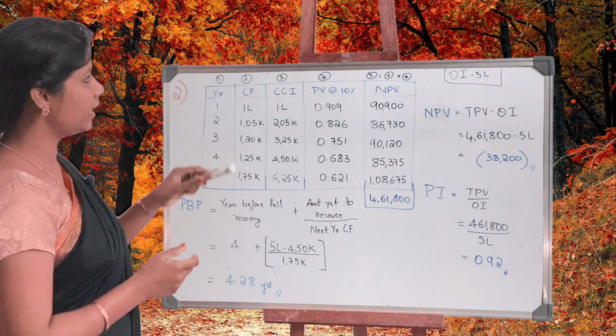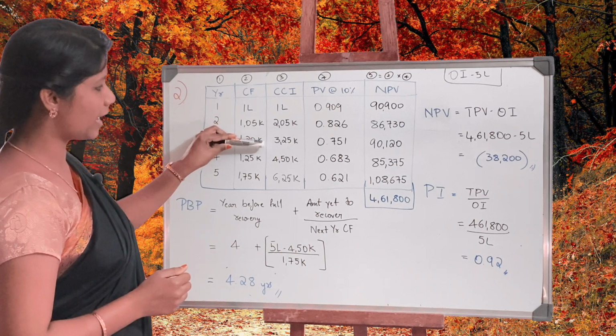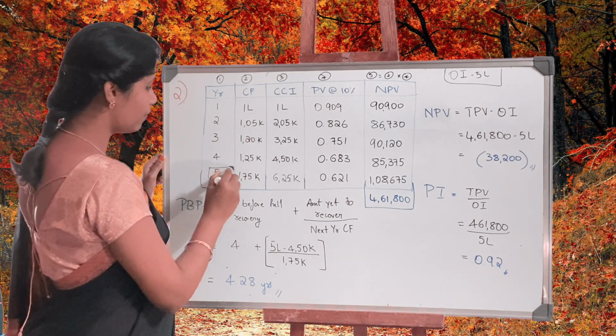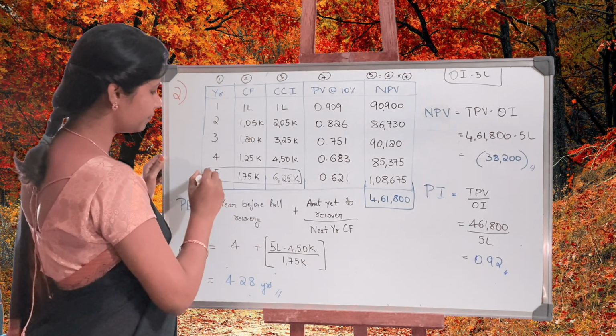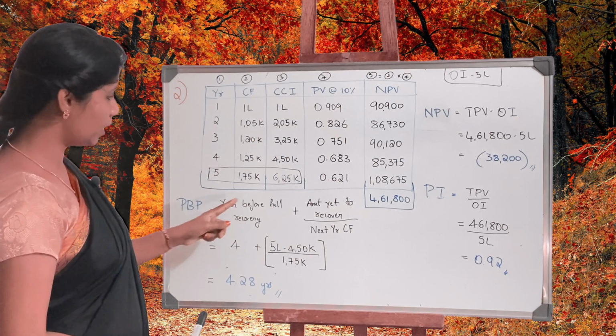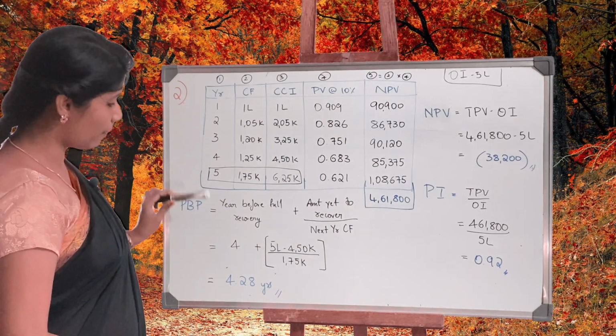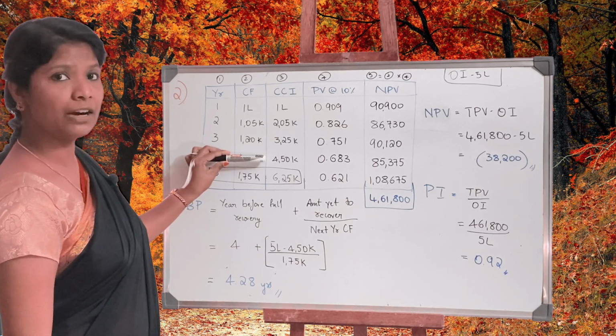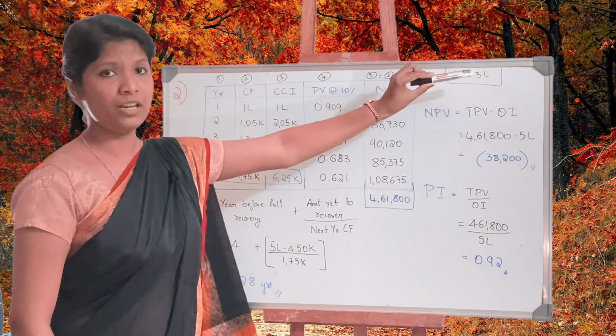So first let's find out the payback period. Once I look at the cumulative cash flows, where does 5 lakh come? In the last year. So my year of recovery is the 5th year. So what is the year before full recovery? 4th year. So I'm going to write it as 4. Amount yet to recover. Thus far, how much have I recovered? 4 lakh 50. How much should I recover? 5 lakh.